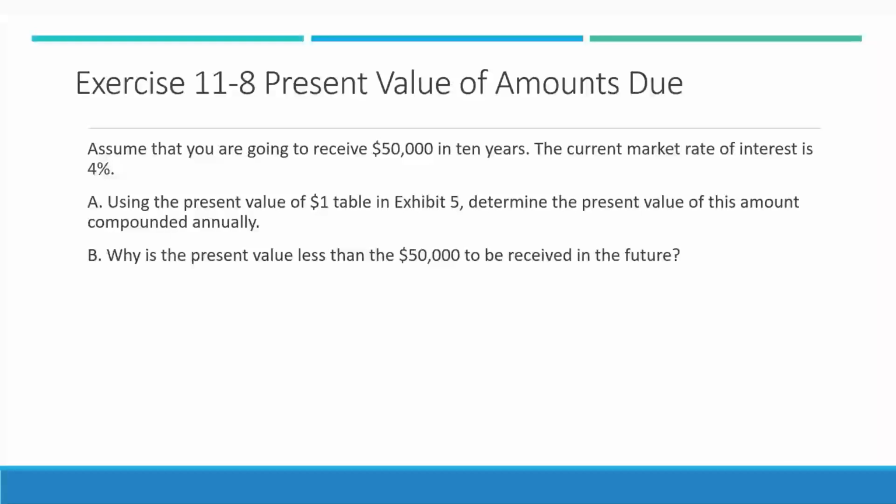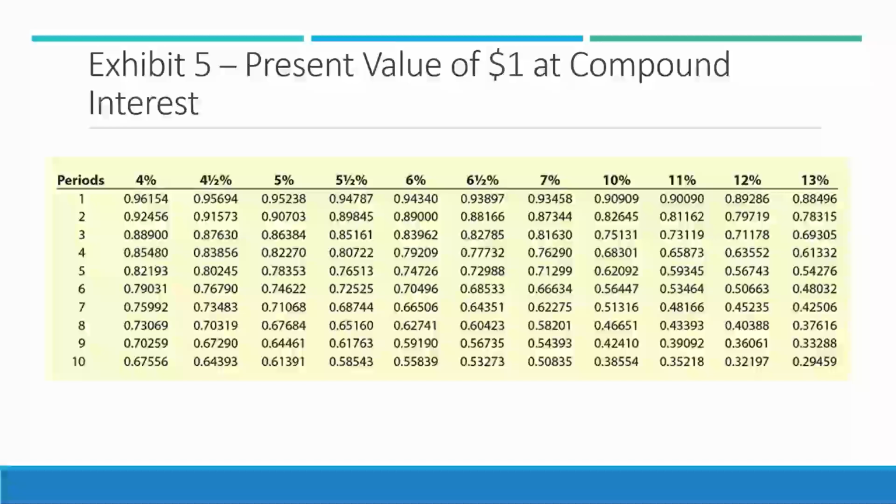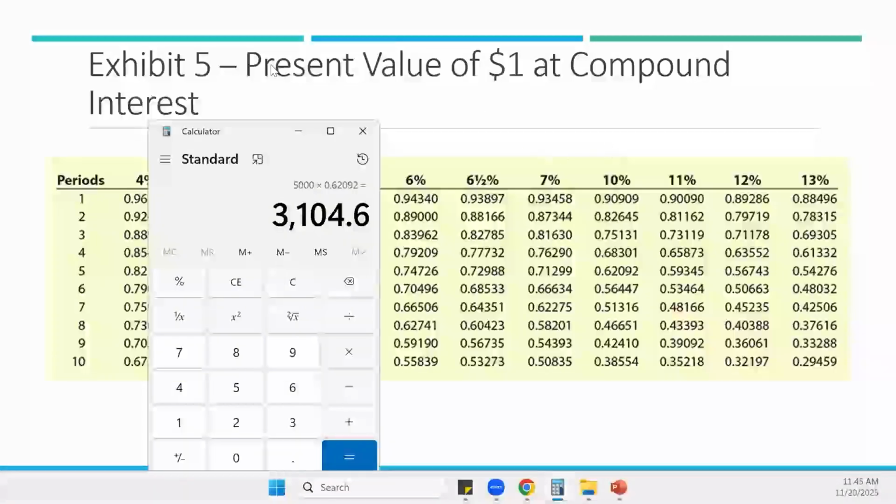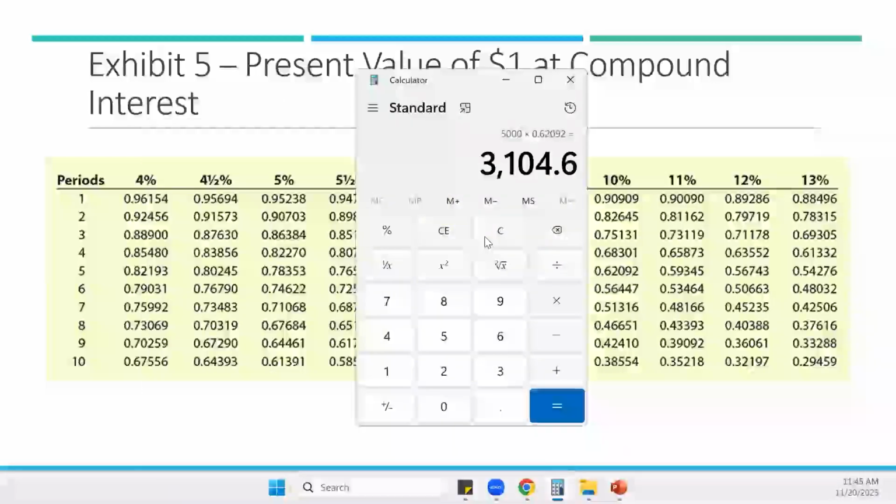And why is it less than $50,000? So we're going to take the 10-year rate at 4%. And so we're going to need to multiply $50,000 times 0.67.